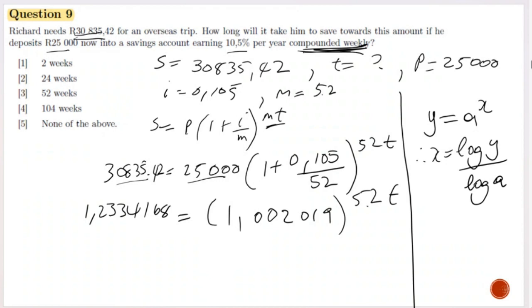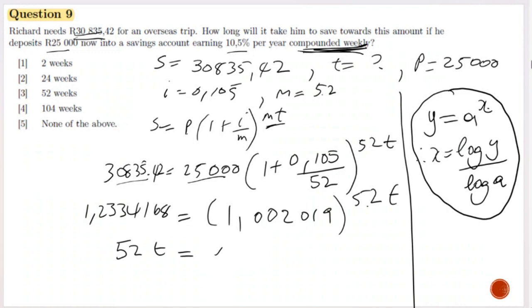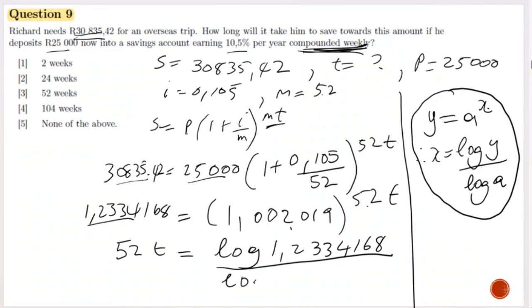We are going to start with our exponent as we have done here. This is a formula for the logs. So our 52t is going to be equal to log of whatever is here, which is 1,233,468, divided by log of this base, which is log of 1,002019.